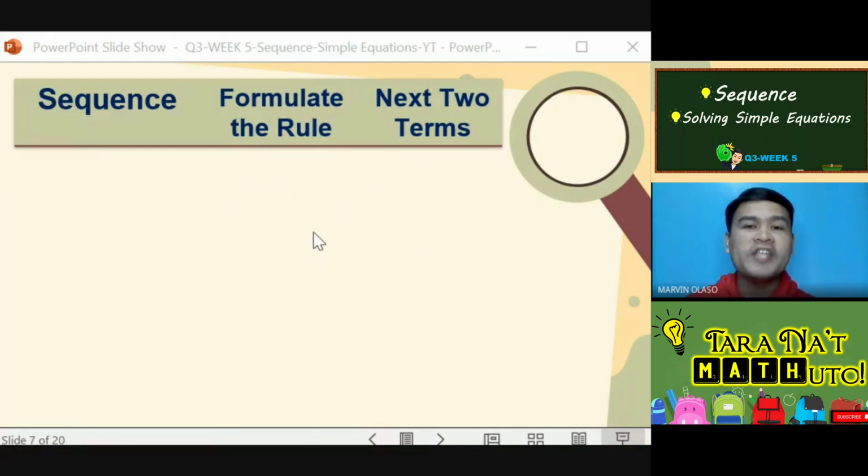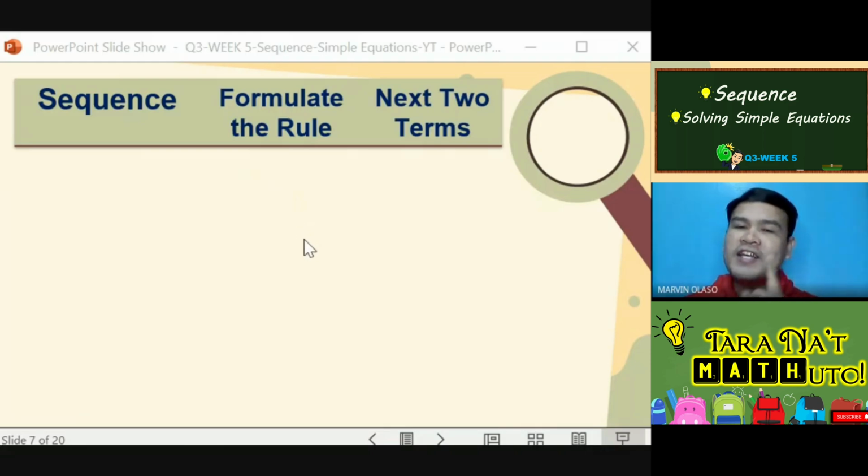While if the sequence is decreasing, obviously, bumababa, ang operation dyan is either subtraction and or division. But there are times that combination of any one or two of the four operation depende sa rule na makikreate ninyo.